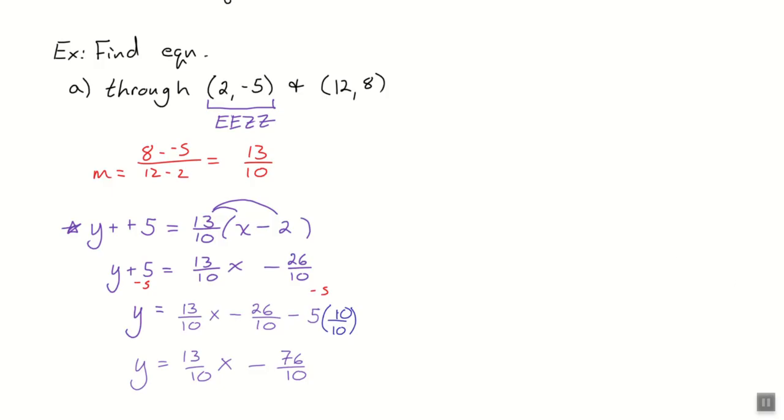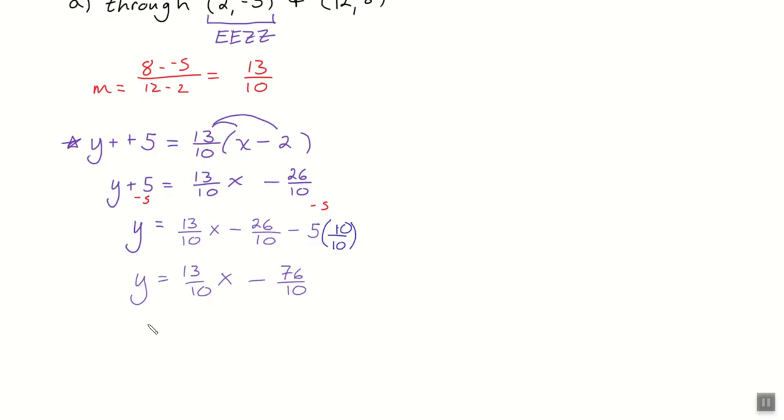Yeah, we could simplify it more. Does it bother you guys if we don't simplify it? Me too. y equals 13/10 x. What goes into 76 and 10? 2. 2 goes into this one 38 times. 2 goes into this one how many times? 5.